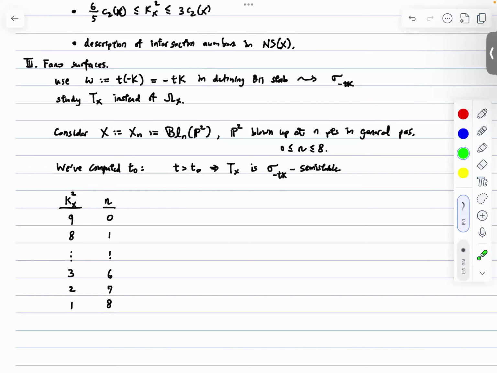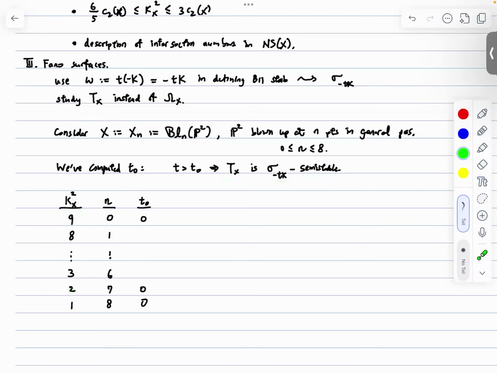So we can prove that when K squared equals 9, 2 and 1, where K squared equals 9 is P2, we can take T naught to be 0. Meaning for these three surfaces, the tangent bundle is Bridgeland semi-stable for any positive T.